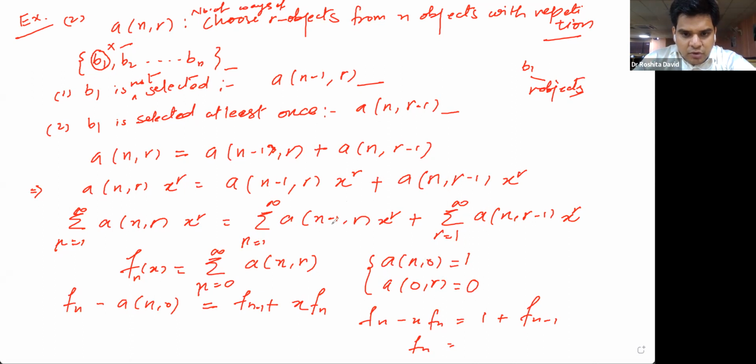Here we are starting from 1, so this a n0 is missing here as well. So 1 will come, f n minus 1, minus 1 will come here. So this 1 will cancel out, and we'll get f n is equal to f n minus 1 upon 1 minus x.